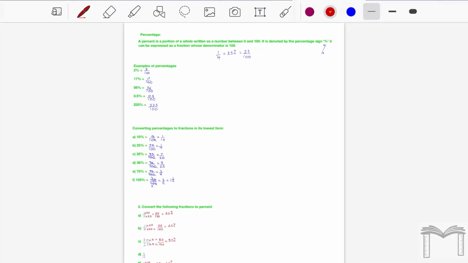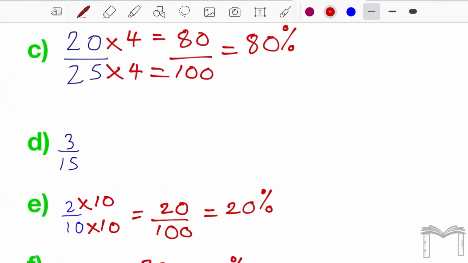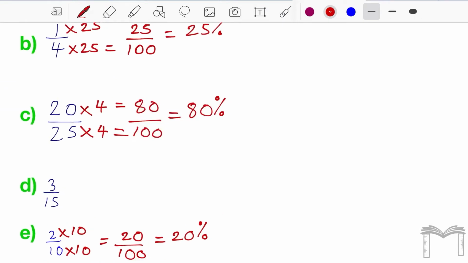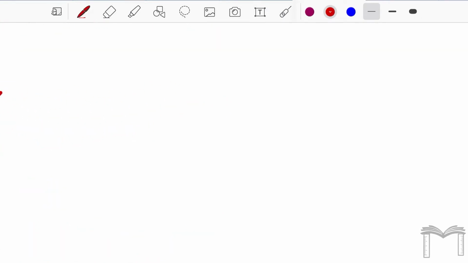Right, so let's return to D. D, as I said, is a little different. We can't say 15 times 4 or 5 or 6 will give us 100. So the fraction is 3 15ths.